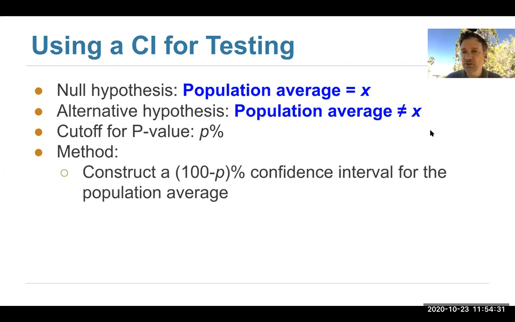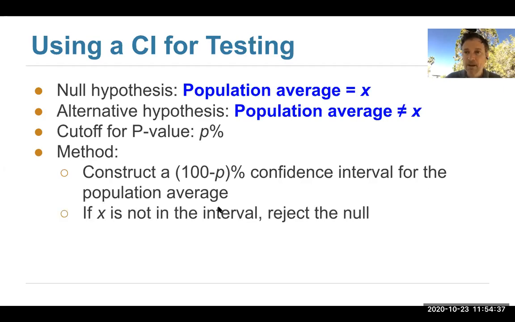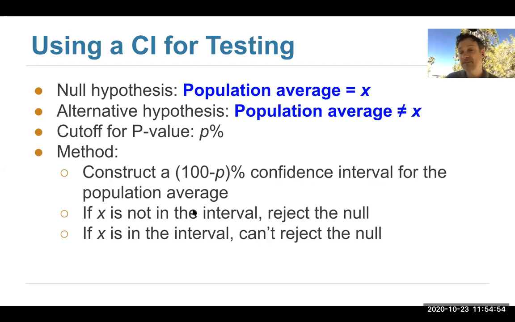What you can do is calculate a 95% confidence interval for the population average using the methods we just showed you, and then check whether 27 is in that interval. If it falls outside the interval, then we reject the null hypothesis that 27 is the population average. If 27 is in the interval, then the null remains plausible. You can't reject the null.